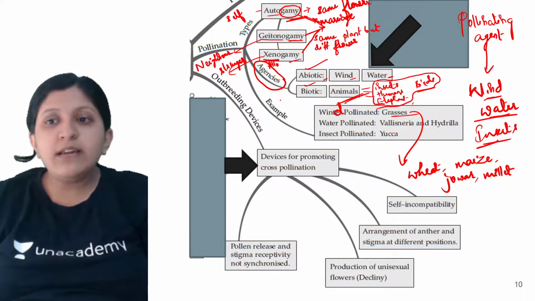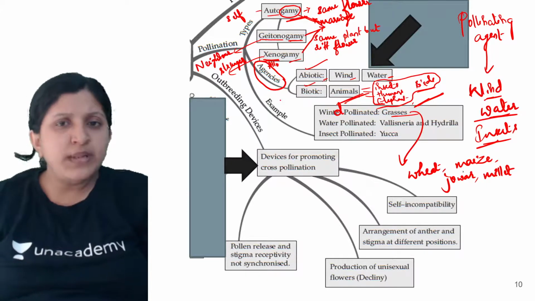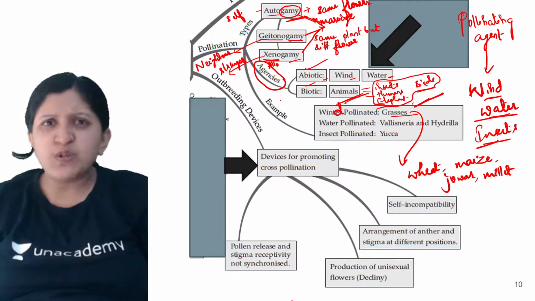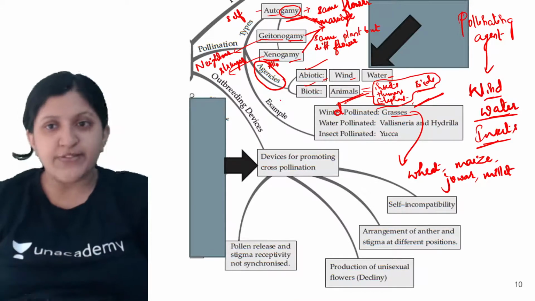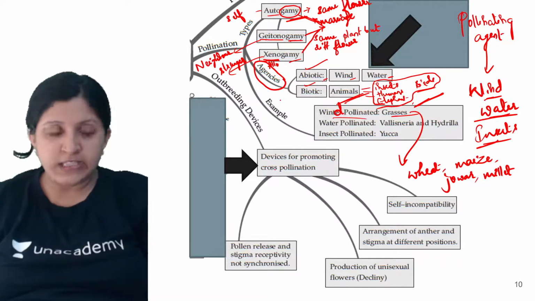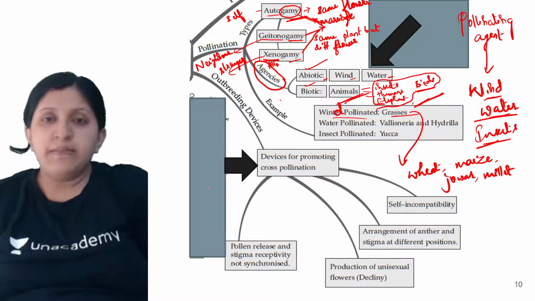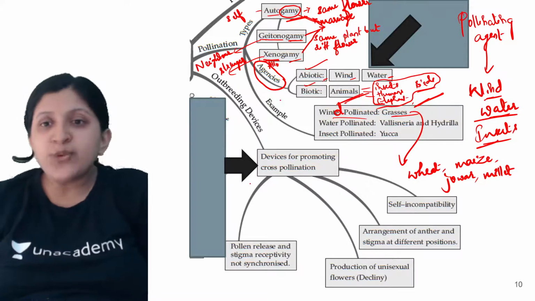So these are the grasses, all right. So grasses, wheat, maize, jowar, millet, rice can also be, because if you have seen a rice plant, that also grows as a grass itself. So all the grasses are considered under the wind pollinated agencies. So they are going to use wind as the pollinating agent.